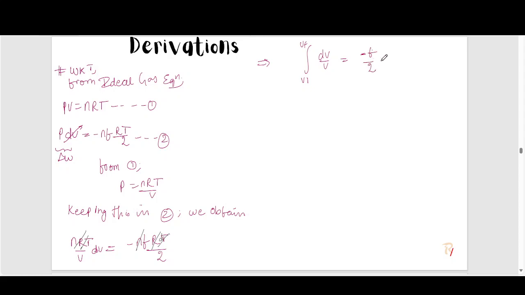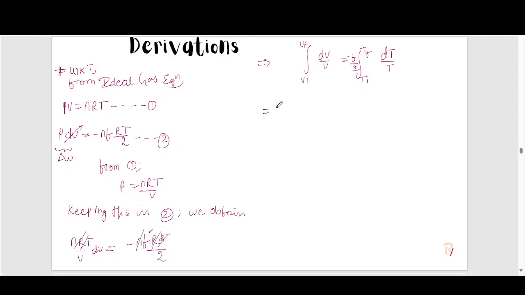The f by 2 is a constant here, so the integral of dT upon T, minus f by 2 is constant here.